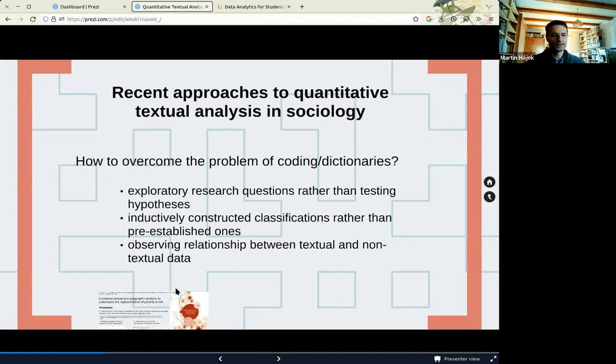The second manner of conducting quantitative textual analysis today is based on inductively constructed classification rather than a pre-established one. So the dictionaries are not pre-established. You don't have a dictionary for active, for passive, for optimist, for pessimist, etc. You construct your own classification. For example, you take speeches of left-wing politicians and extract the most frequent words.